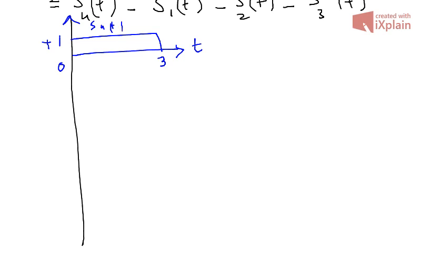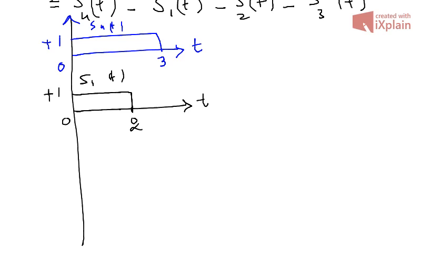Now you have to subtract the second signal, S1 of t, from 0 up to 2. This is your S1 of t. You have to subtract this S1 of t, 0 to 2, plus 1. Then we have to subtract the next one.